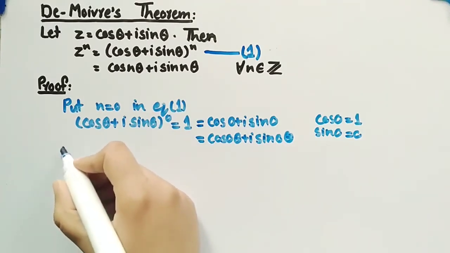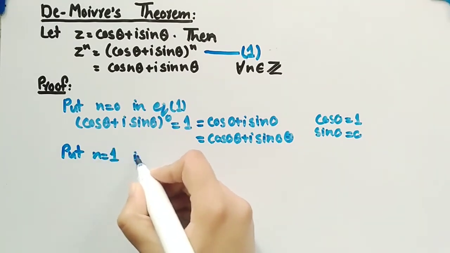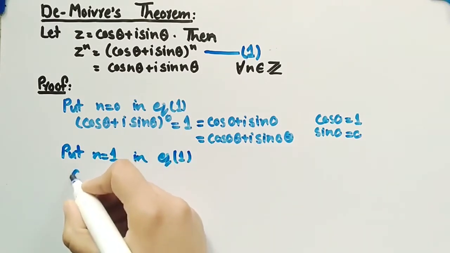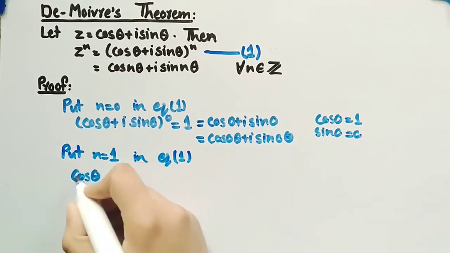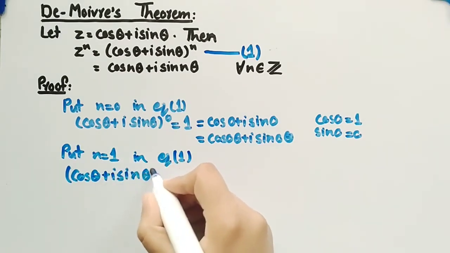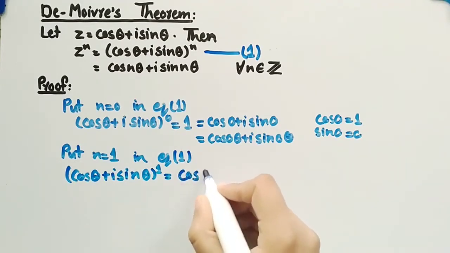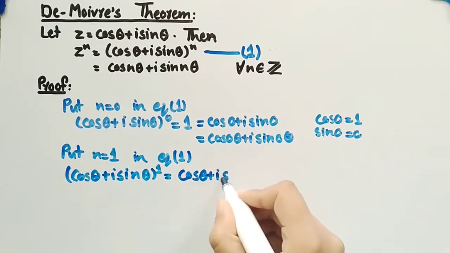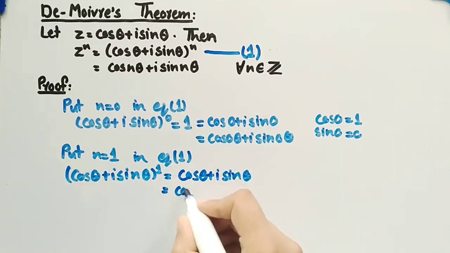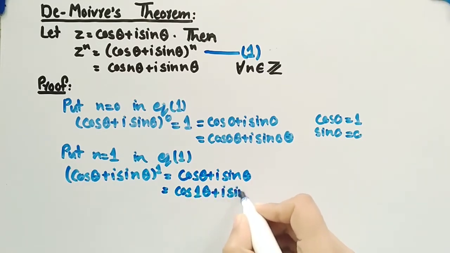Now let's check when we put n is equal to 1 in equation 1, we get (cos theta plus iota sin theta) raised to power 1, which is equal to cos theta plus iota sin theta, and we can rewrite it as cos 1 theta plus iota sin 1 theta.